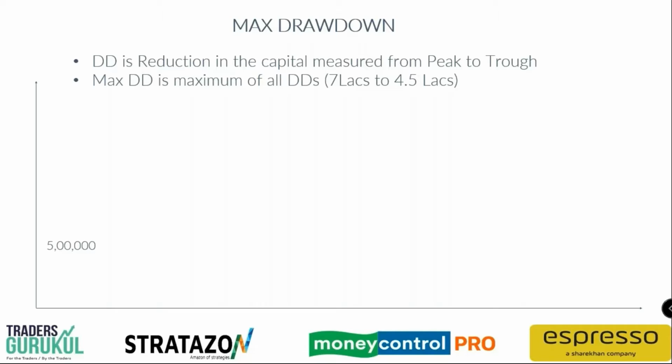Suppose you start with a capital of 5 lakhs. After a few months, you have earned some profit, and now your capital is 5,50,000. Now there is a series of losses, and your capital is reduced to 4,75,000, suppose. So this 75,000 rupees is your drawdown here.